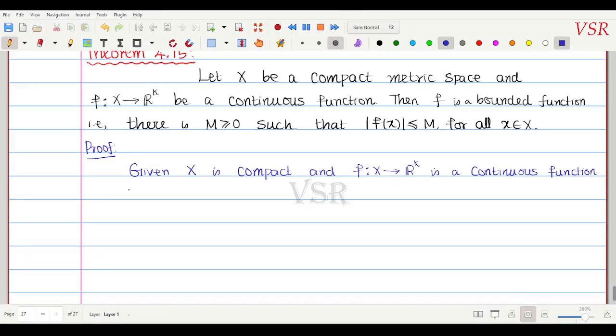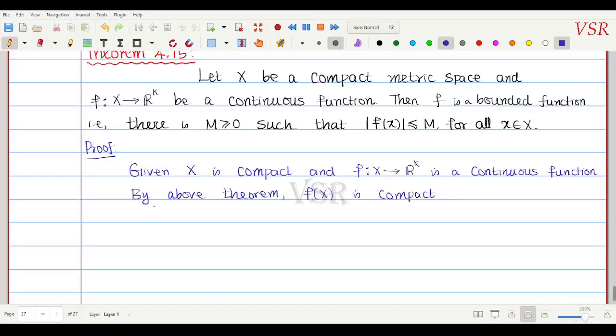By above theorem, this f of capital X is compact. Correct? Compact.